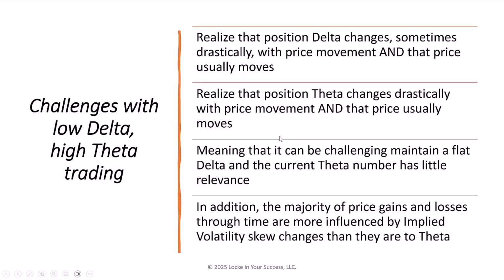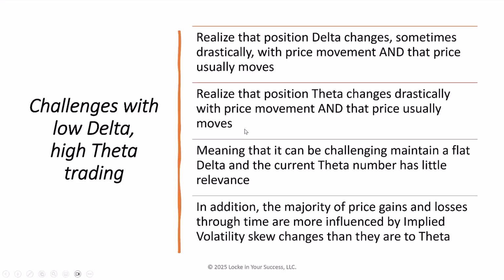Another realization that a lot of people don't have, which is kind of surprising to me, is that theta changes drastically with price movement. People look at an analytical screen and say, hey, I have this huge amount of theta. But they don't realize that if the price was somewhere else, in other words, if the market's going to be 100 points over here tomorrow, they have no theta there, right?